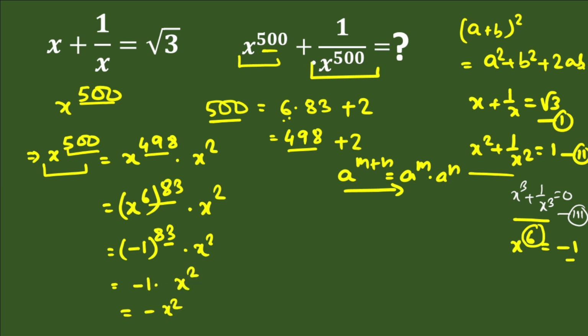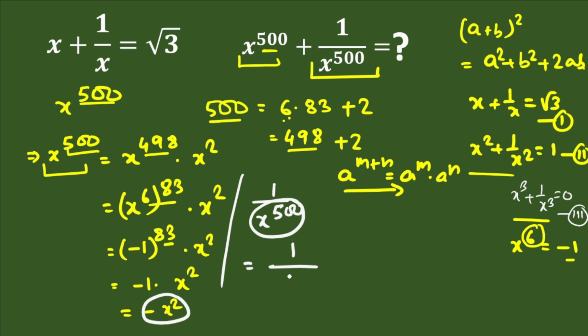Now similarly we'll calculate the value of 1 over x raised to the power 500. So the value of this term will be 1 over negative x square, so we can write this as negative 1 by x square. So in the next step we'll put the value of x raised to the power 500 and 1 over x raised to the power 500.